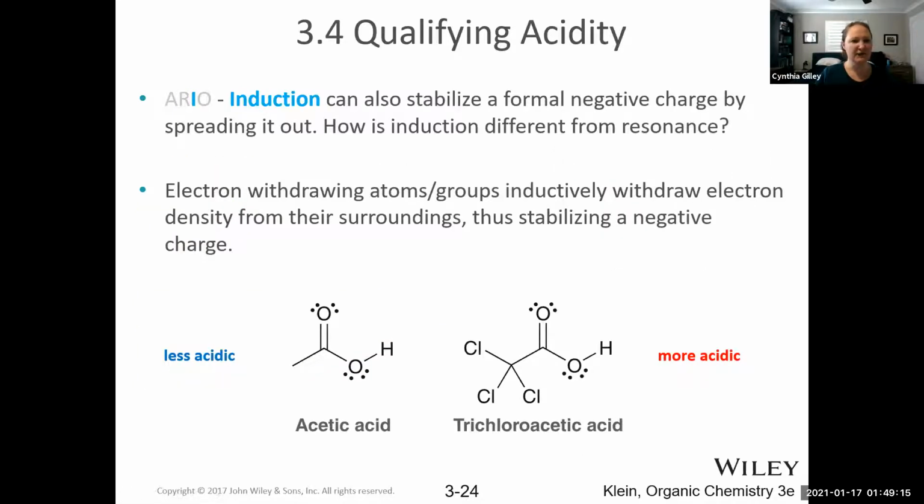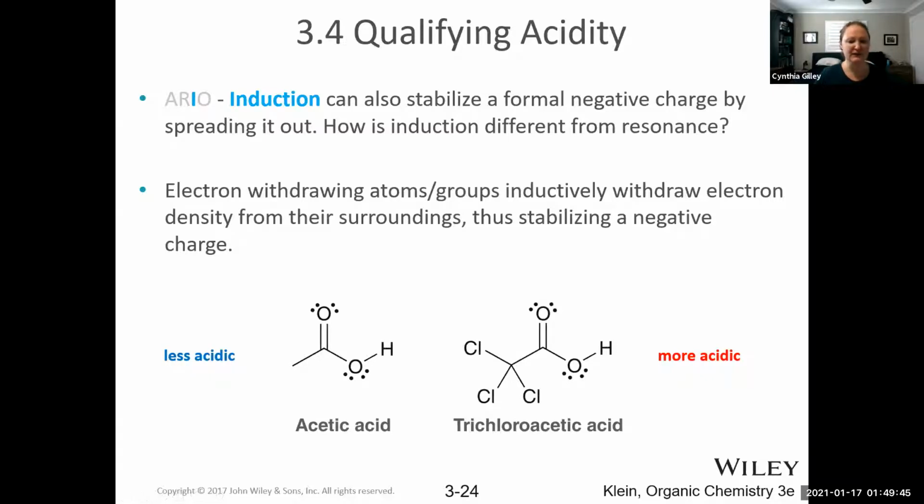The third factor is induction, right? And induction is, again, the presence of neighboring electron withdrawing groups. And we say that they withdraw inductively because they're withdrawing through the sigma bonding network, not the pi bonding network. So the presence of these chlorine atoms, for example, will play a difference in stabilizing the resulting conjugate base.